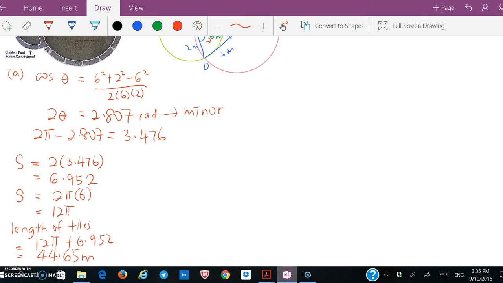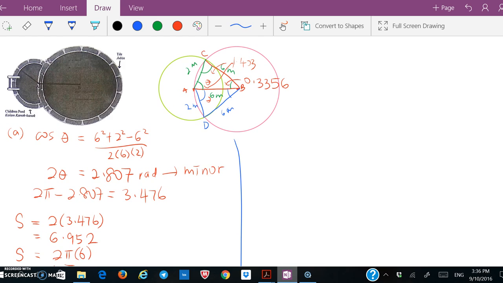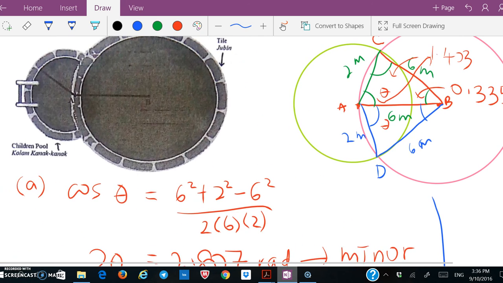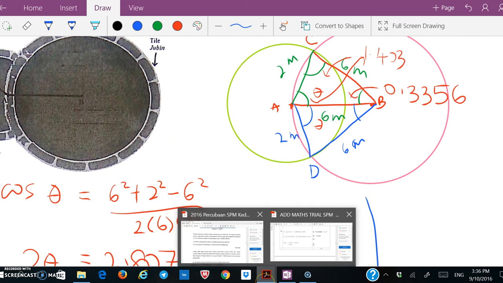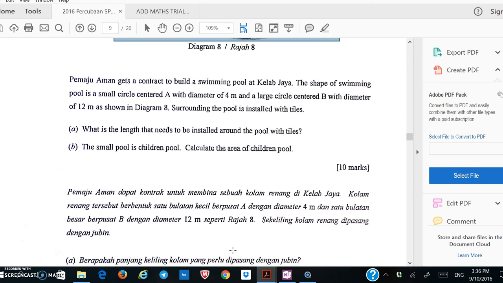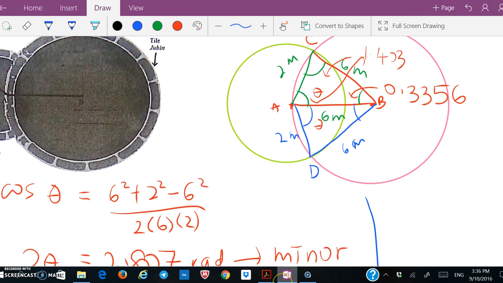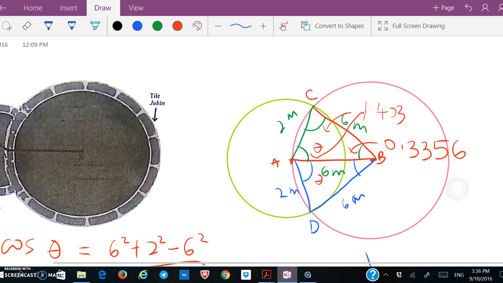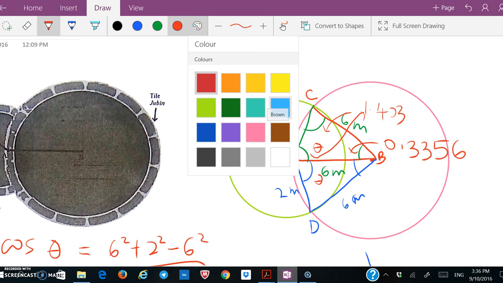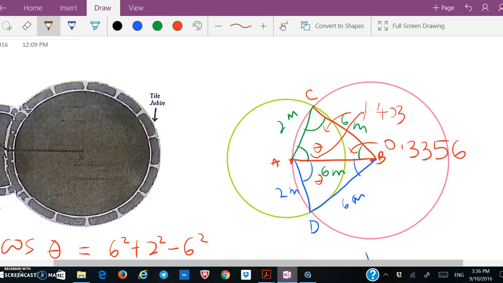Now we are looking at part B. By looking at this, we realize that the question asks you to calculate the area of the children's pool, the small pool. Okay, it is the involvement of, let's say here, I'm going to use the brown.